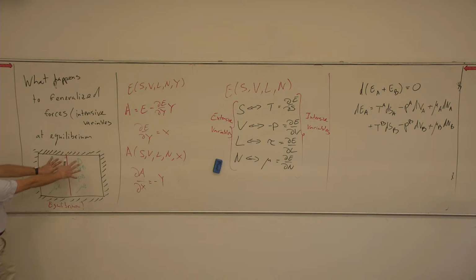The total system has no correlation to the outside world, so the differential of the energy is going to be 0, and it's at its minimum.